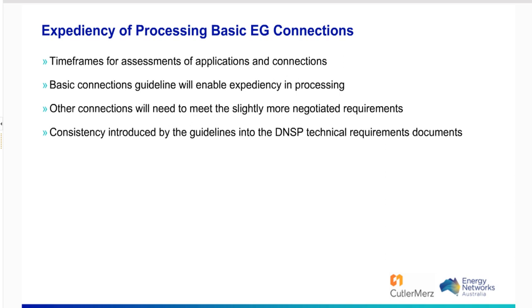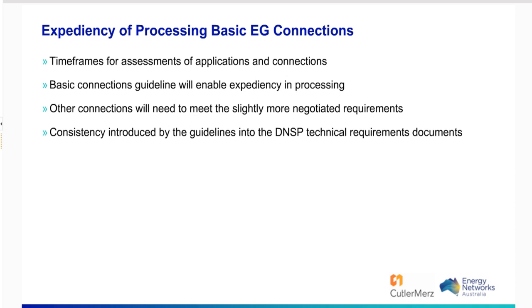Notwithstanding that, there was a sense of expediency of processing that was kept in the back of our mind as we were developing the guidelines, and with particular reference to the basic connections guideline, there was quite an emphasis on ensuring that the technical parameters were set at a level to enable the expediency in processing and expediting the connection.